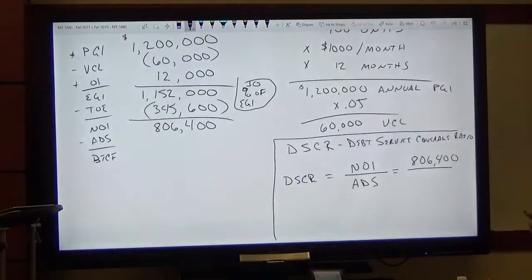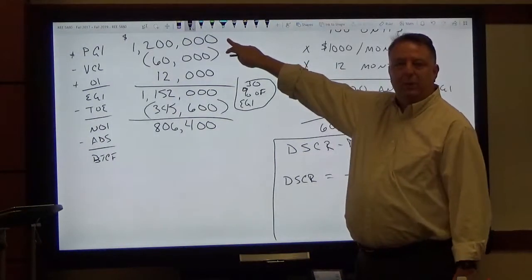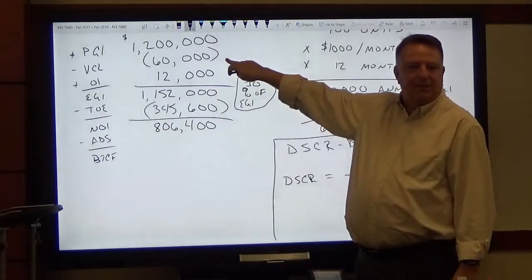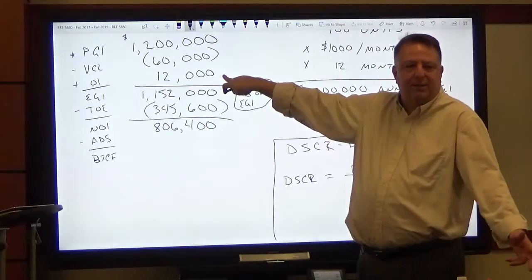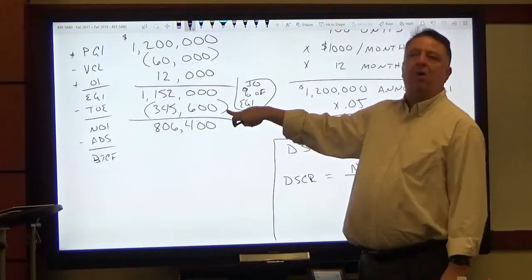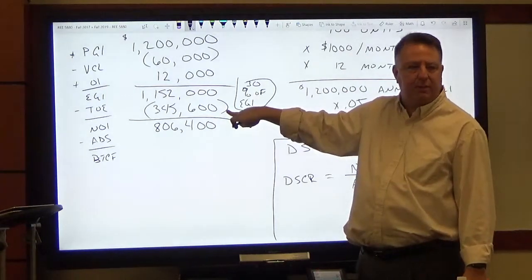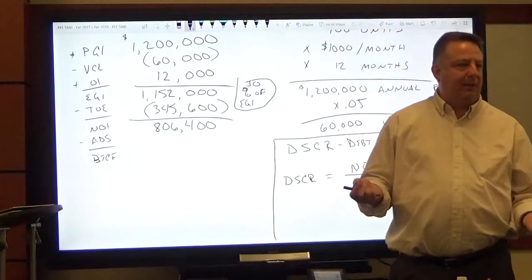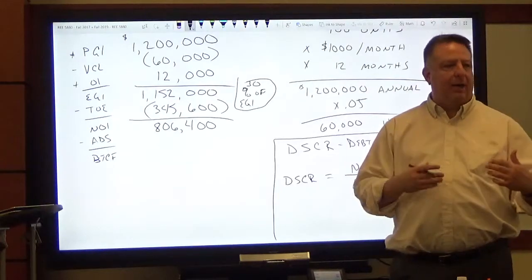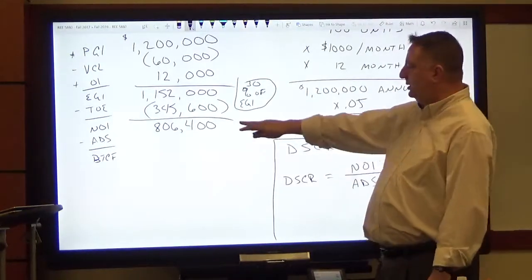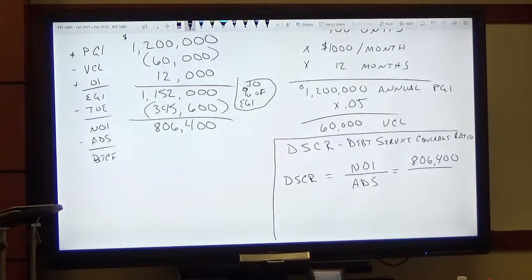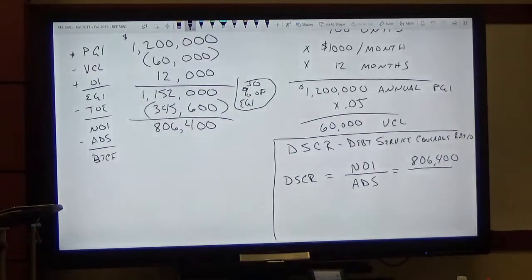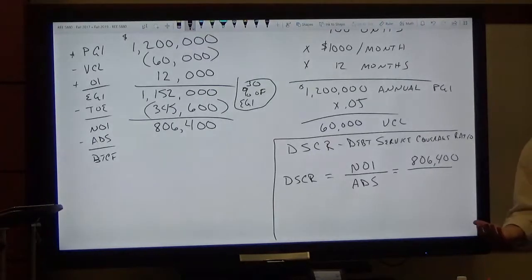what could happen? Maybe you don't get as much rent as you think you're going to get. Maybe your vacancies and collection losses are a lot worse than you think they're going to be. Maybe your operating income is non-existent. Maybe you've got all kinds of crazy unexpected expenses that hit. The lender doesn't want to have to worry about that. So the lender is going to take a haircut, if you will, off of whatever this income is, and say, we feel really comfortable with this particular loan, or we maybe don't feel so comfortable with this loan. All right?